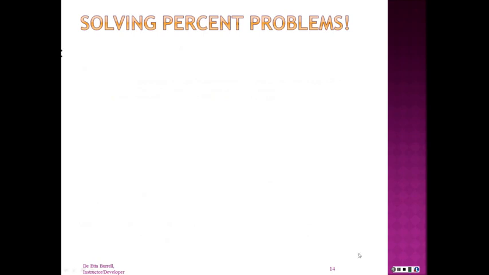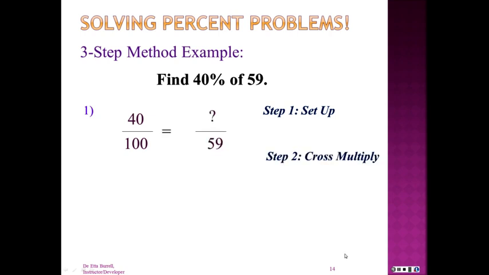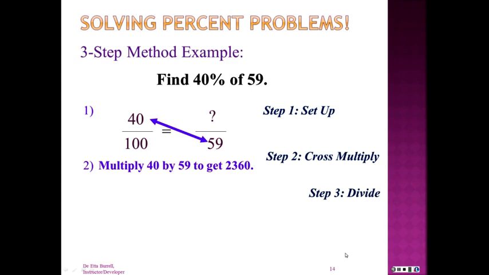All right, let's go to the first problem that we set up. We said find 40% of 59, and your setup looked like 40 over 100 is equal to I don't know over 59. Where am I going to cross multiply? 40 times 59. That gives me 2360. Then what do I do with the 2360?